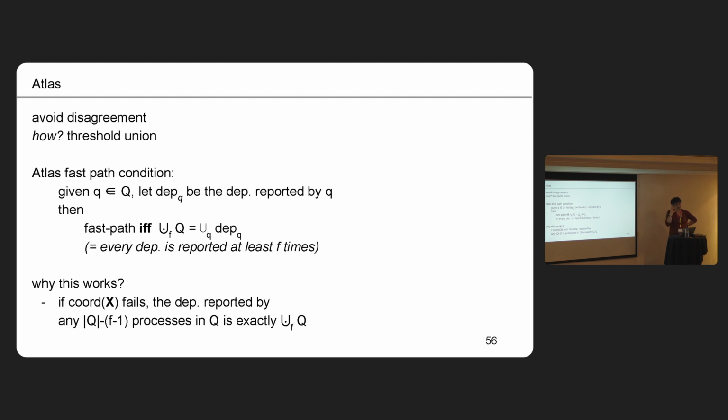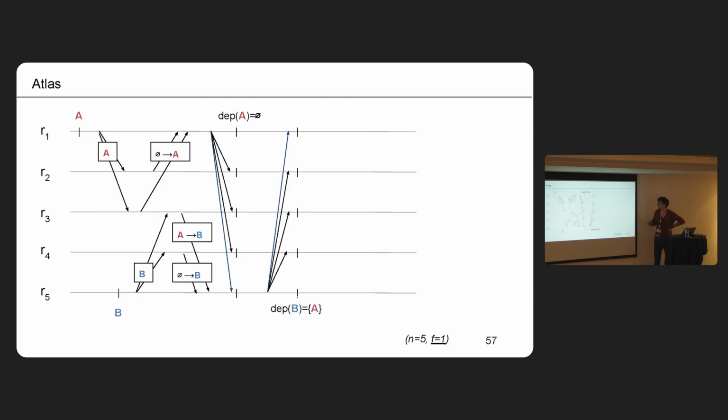This is the key idea of Atlas, and it works well. So let's see first an example. For instance, f equals 1. We go back to the example where we had to take the slow path in Egalitarian Paxos. Remember, there were two replicas, R3 and R4, proposing different dependencies, and we took the slow path because there was a disagreement.